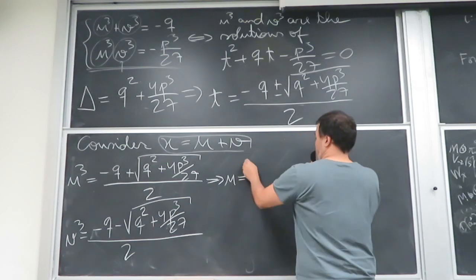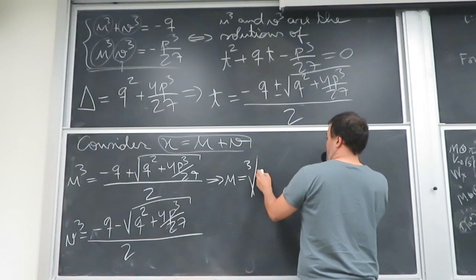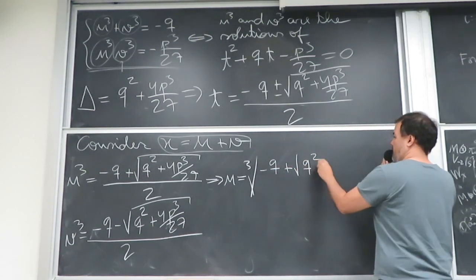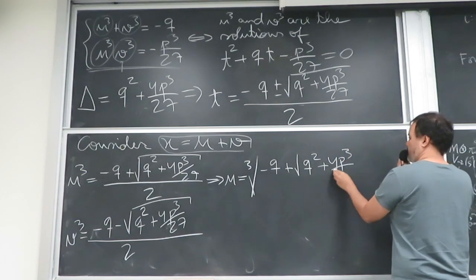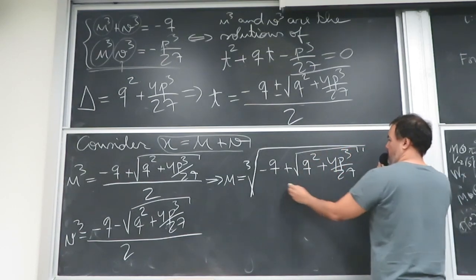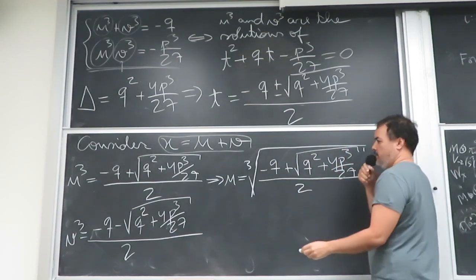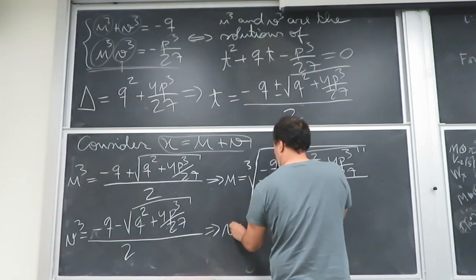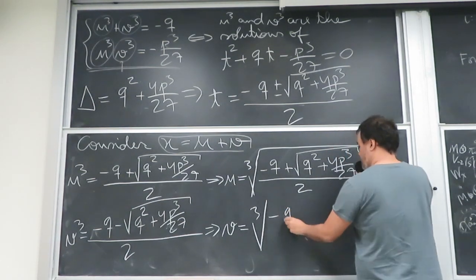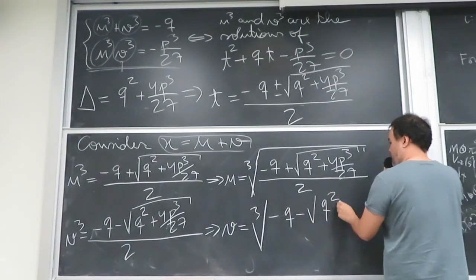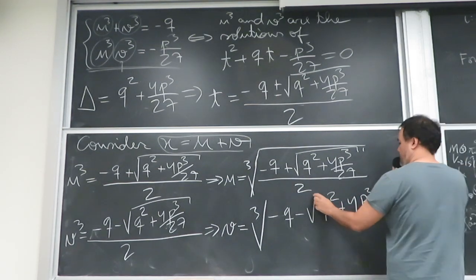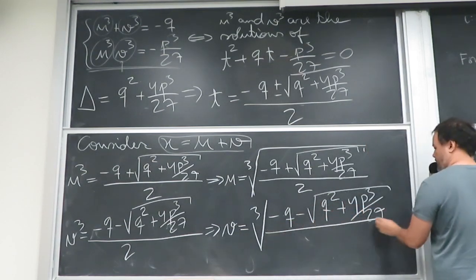First solution, u is the cubic root of minus q plus the square root of q squared plus 4p cubed over 27, over 2, and v is the cubic root of minus q minus the square root of q squared plus 4p cubed over 27, everything over 2.